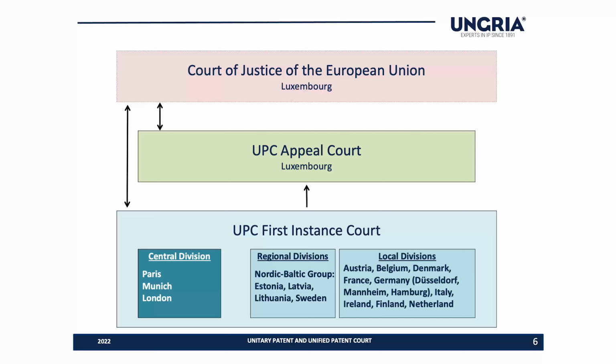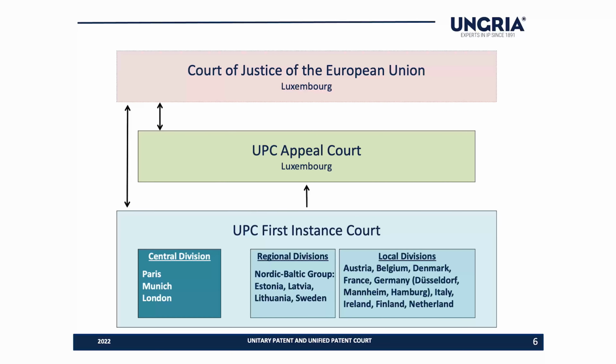The difference between a local and a regional division is simply a matter of geographical logistical convenience. There are countries that have decided to have a local division in their territory. In fact, some, such as Germany, will have more than one local division, while others have preferred to group together in a regional division, such as the case of Sweden, Estonia, Latvia, and Lithuania.